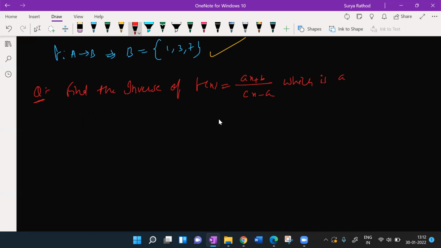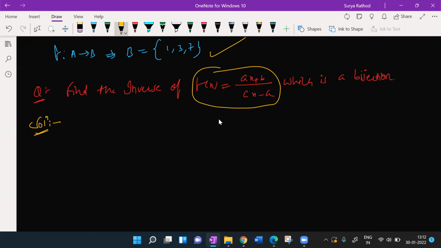Okay, we need to find out the inverse of this function.